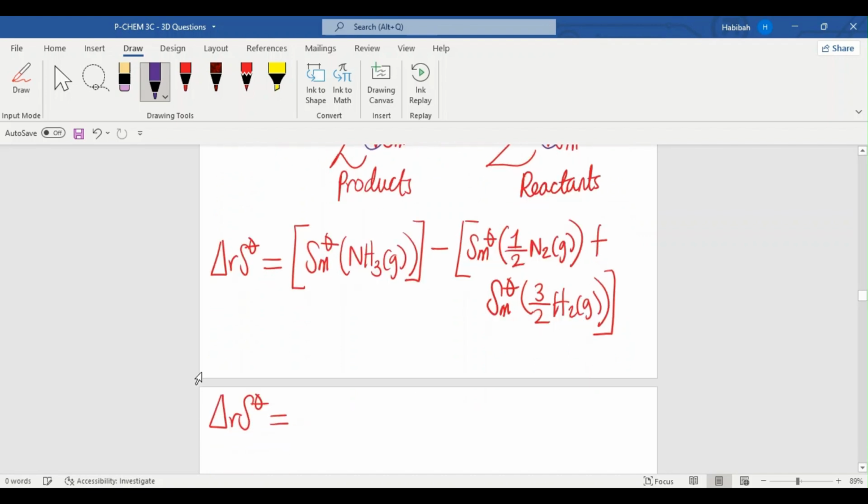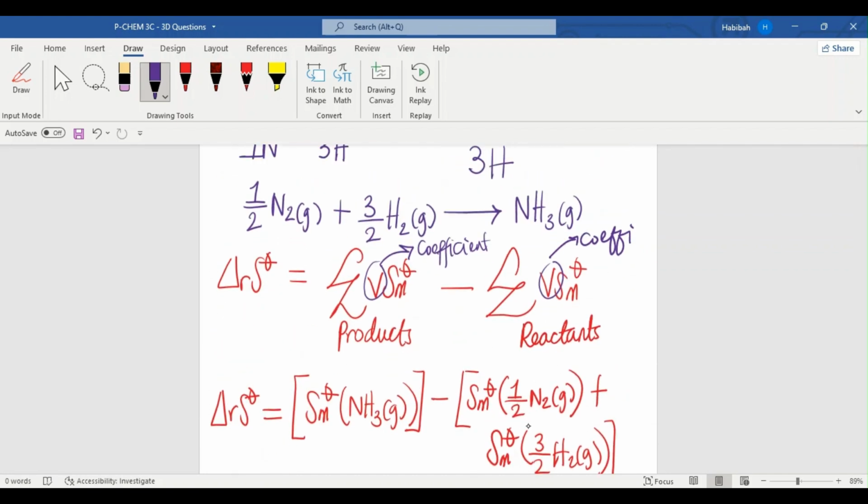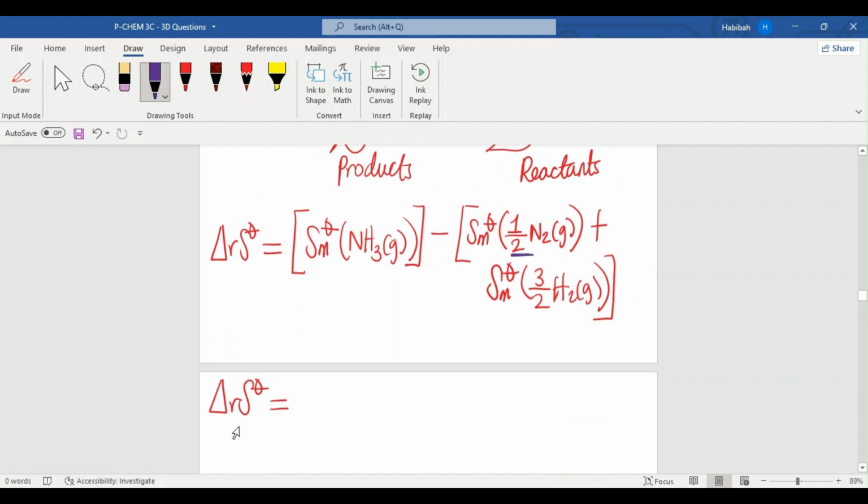The V for the product is 1, so we're not going to pay attention to it, because a coefficient of 1 is not an interesting situation. The coefficient is half for the nitrogen and 3/2 for the hydrogen. Putting that in mind, I'm going to reorganize our work. So we're going to have molar entropy.